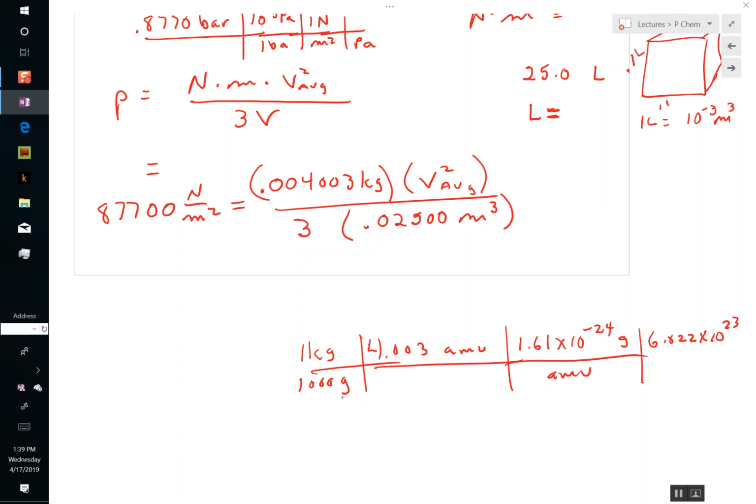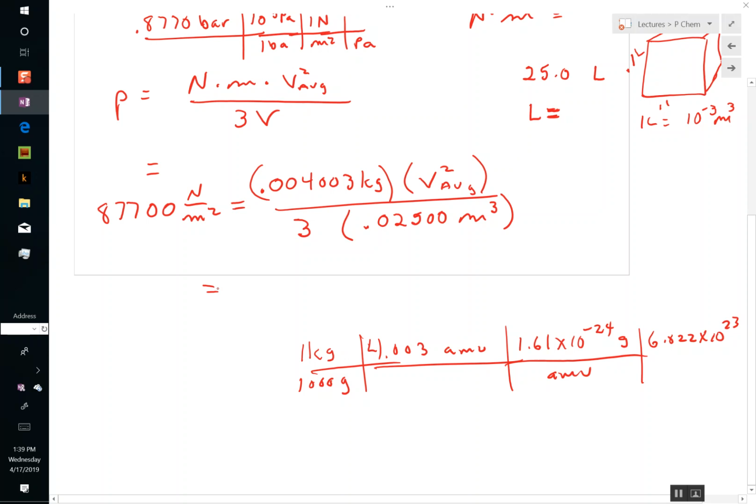So it can have either unit: atomic mass unit for 1 atom, grams for 1 mole of those atoms. So that's what we're getting to here. We're just getting down to 0.004003 kilograms of helium atoms.